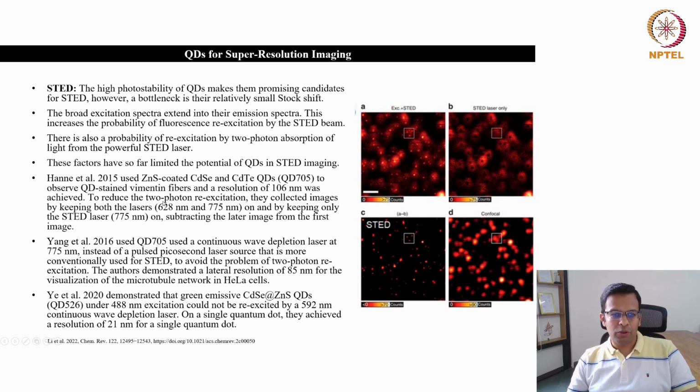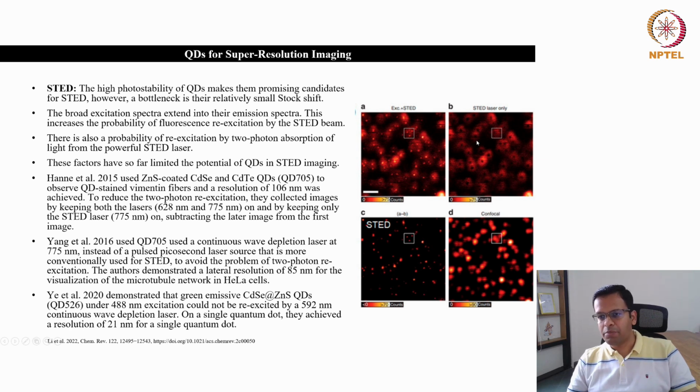To reduce the 2 photon re-excitation, they collected the images by keeping both the lasers on. Here you can see both the lasers are on, 628 nanometer and 775 nanometer, so you can see the real structure as well as the halo due to 2 photon excitation. And by keeping only the STED laser on, you can only capture the halo and not the real signal or real structure.